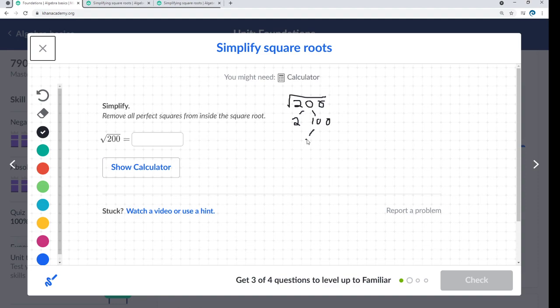So it's 2 and 50. Right, divided by 2. So that's 2 and 25. Right, and so now we've got to divide the 25 by 3. So that's going to be 3 and 5.